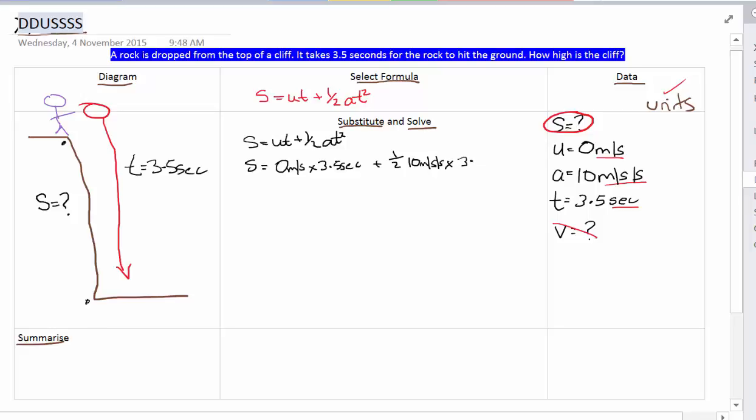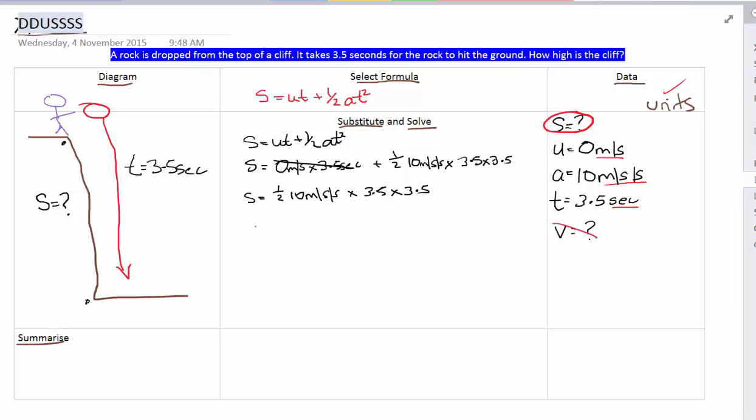And the time is 3.5 times 3.5, because remember it's t squared. So S equals, now 0 times 3.5 is 0, so I can cross that out. So it's going to be half of 10 multiplied by 3.5 times 3.5.